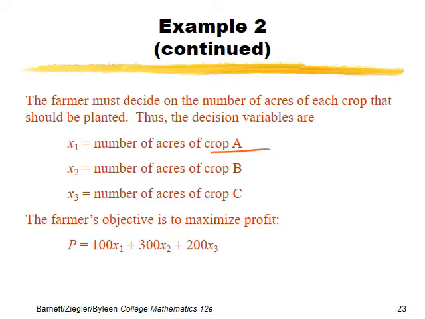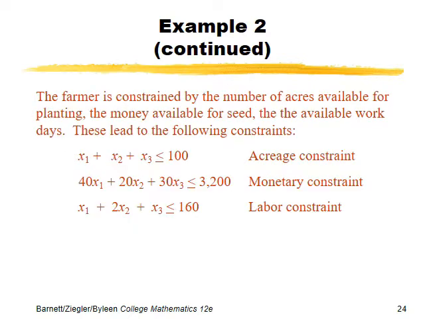His profit on the first crop is 100, on the second crop is 300, and on the third crop is 200. He wants to maximize his profit. So these are the constraints which are given in the problem. You can go through them.